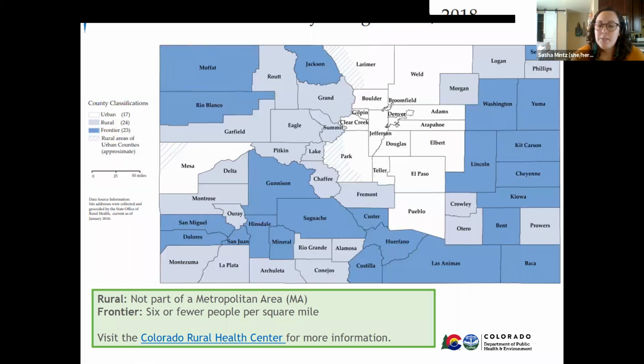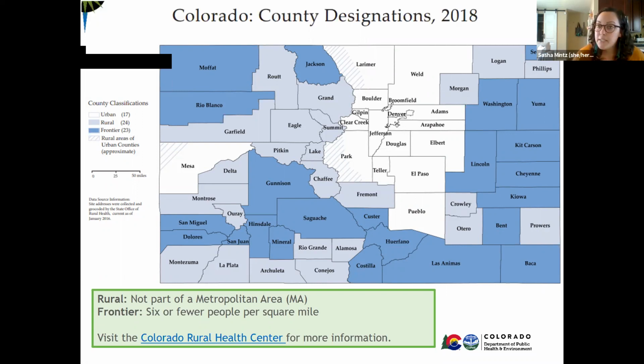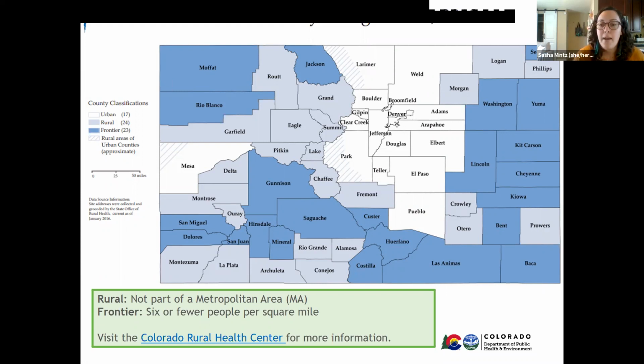So geographic disparities in child deaths often result from the social conditions that are facilitated by structural inequities experienced by rural and frontier communities. The way that our program looks at geographic differences is by using county designations that are applied by our Colorado Rural Health Center.